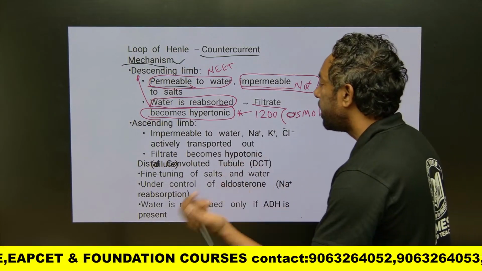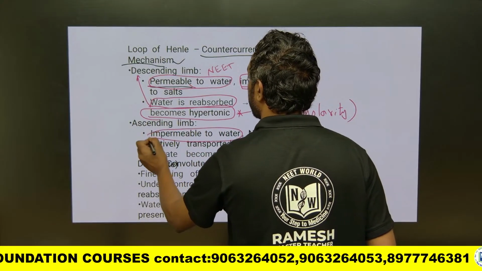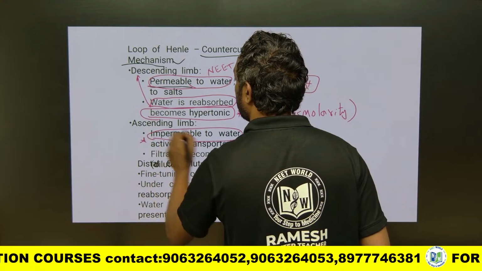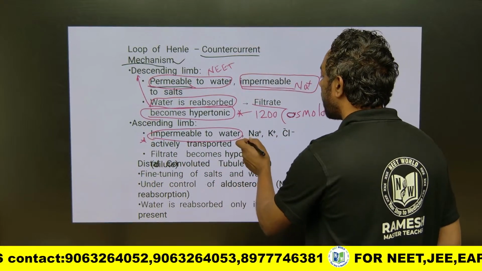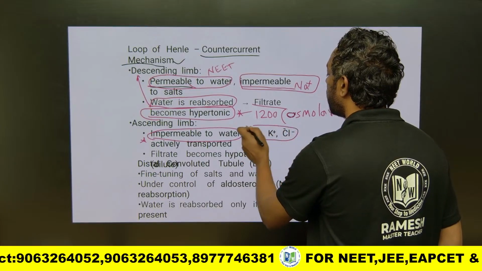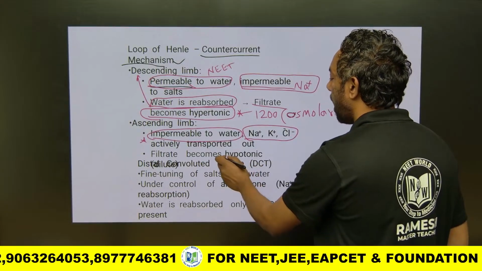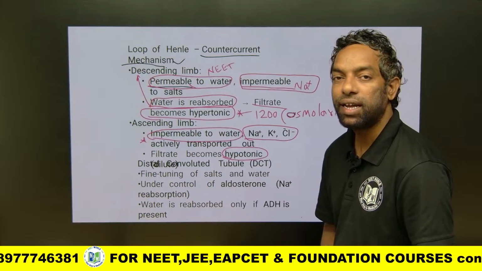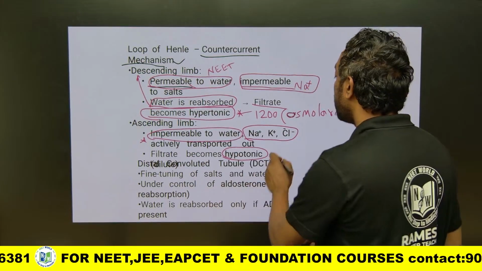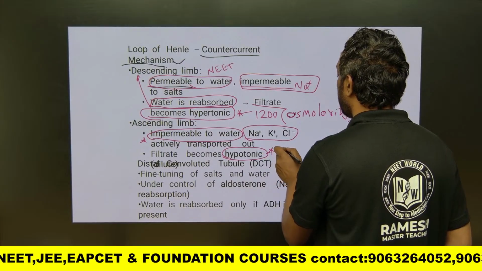The ascending Henle loop is impermeable to water, but it can actively transport sodium, potassium and chloride. By active transport, the filtrate becomes hypotonic in the ascending Henle loop. This is important, which is 150 milliosmolar.